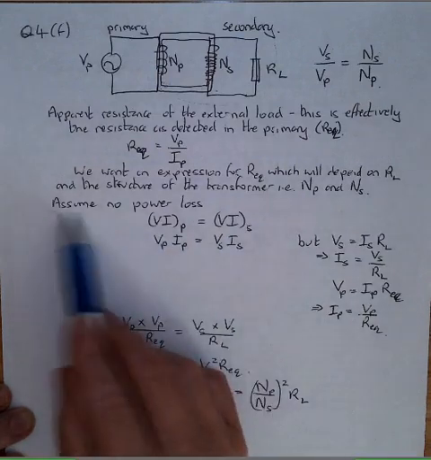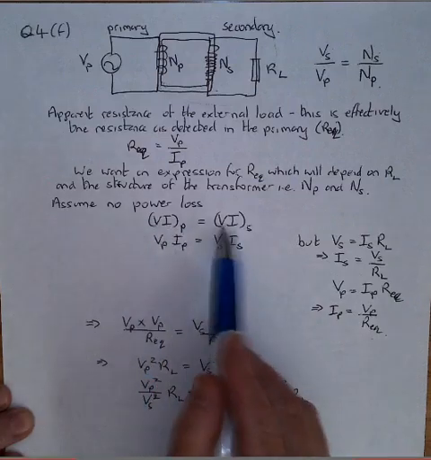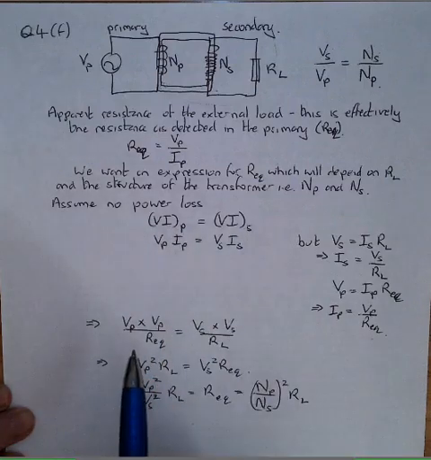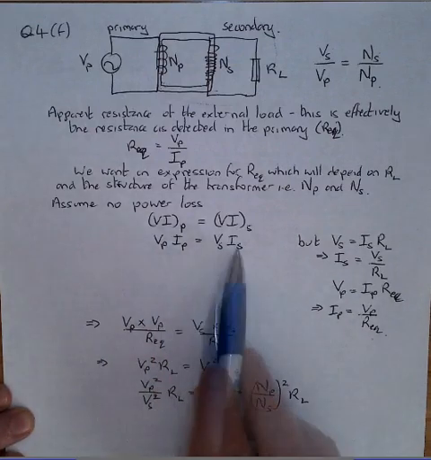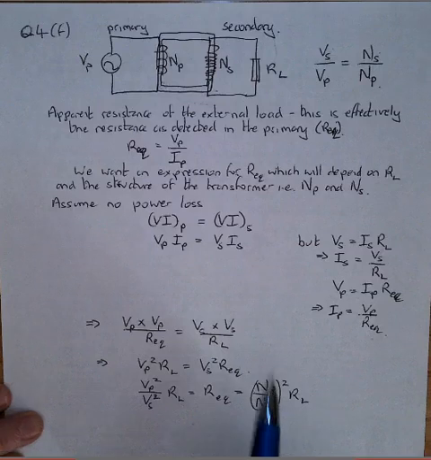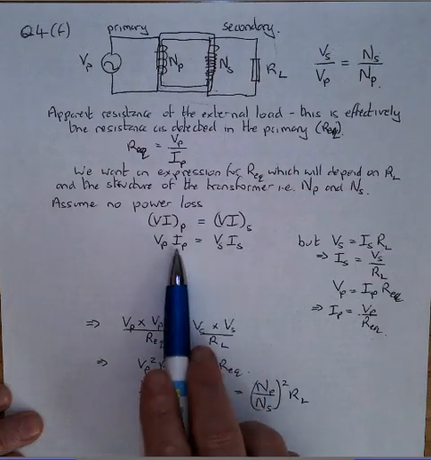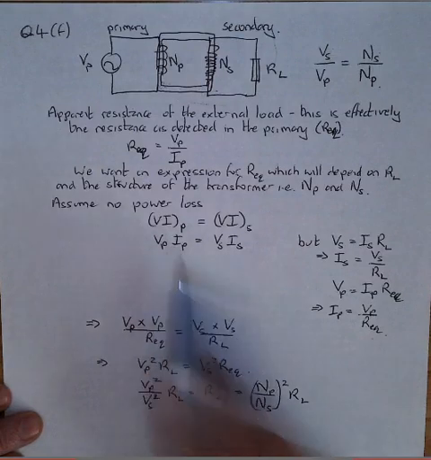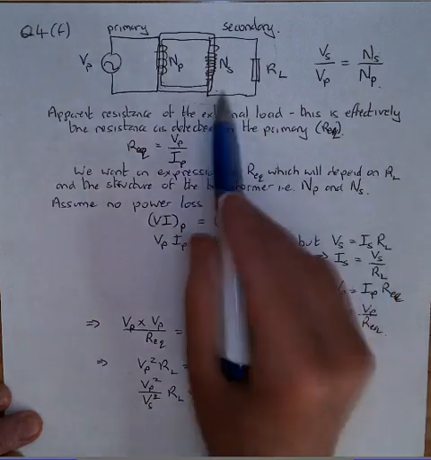So the basic starting point is to assume no power loss. So VI in the primary equals VI in the secondary. Right? So Vp Ip equals Vs Is. Now we rephrase each of these to work out an Ip. So for example, Vs equals Is RL, that's over here.